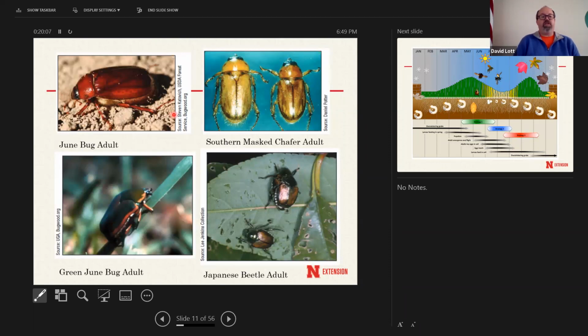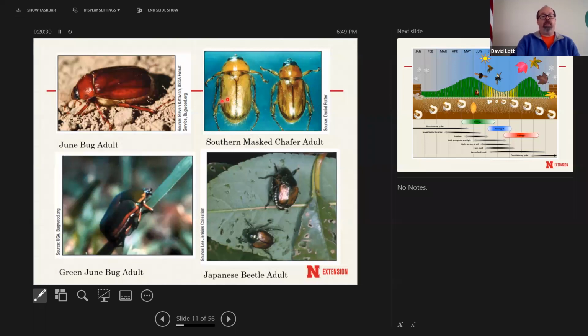They're going to emerge out of the soil, feed on plant materials, and lay eggs. And if you've ever squished a June beetle, you'll see that big old mass of white eggs that looks like tapioca pudding. Those are egg masses. They produce lots of eggs. And all four of these do.